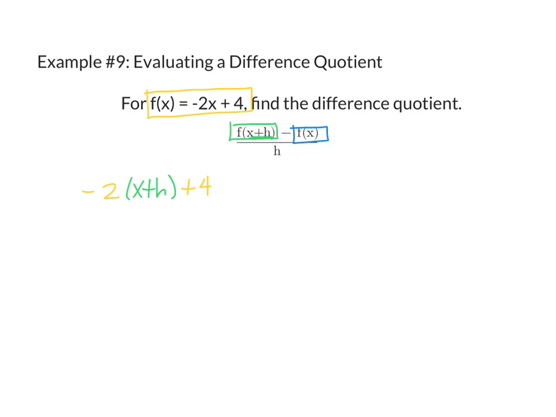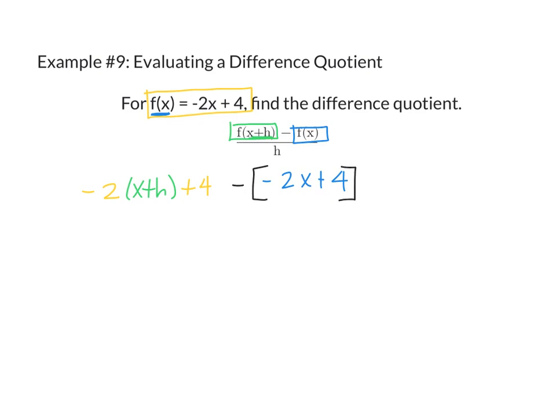Then it has to be minus, and when I say minus, I also like to put this second half in brackets just in case there's a lot going on. Now minus, then in blue, it says f of x, so that's exactly what that function says. So I'm just going to match it and rewrite this as negative 2x plus 4.